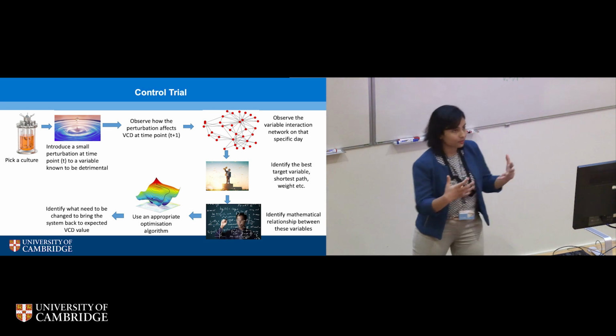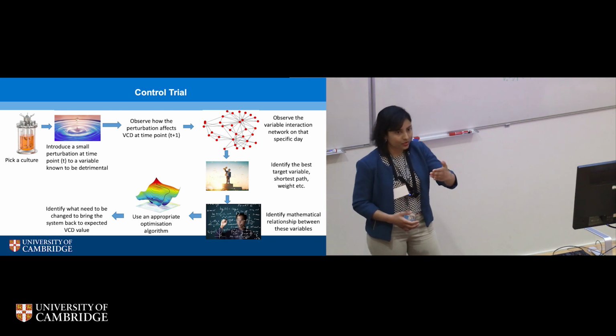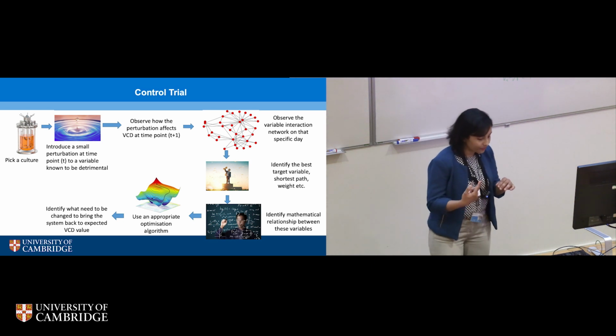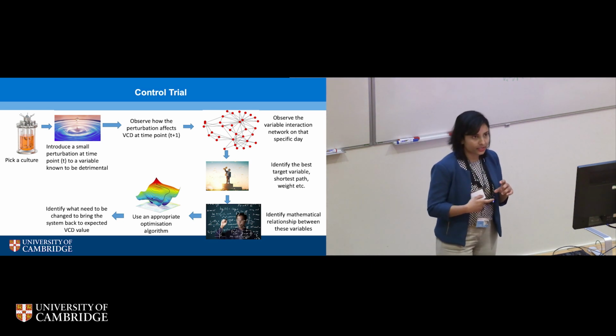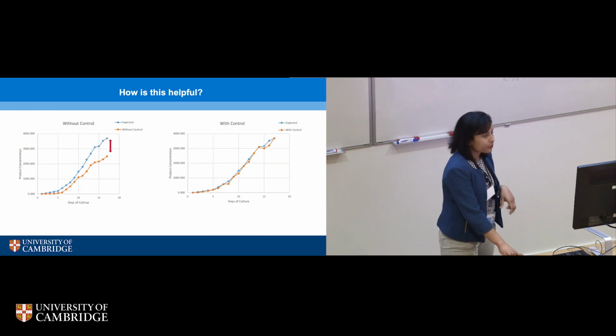And this is all possible because of the data, because we are learning from the data. We are calculating the expected trajectory, and this calculation is done iteratively as well, so that the uncertainty is minimum.